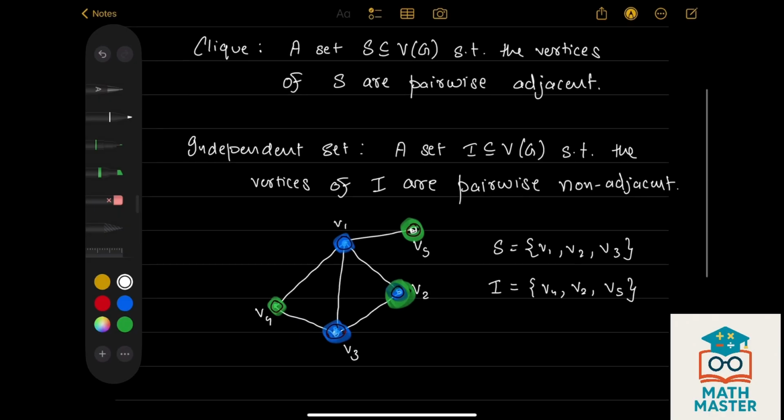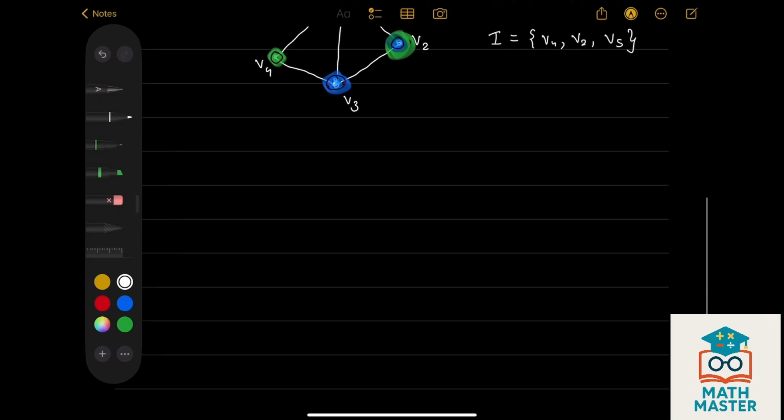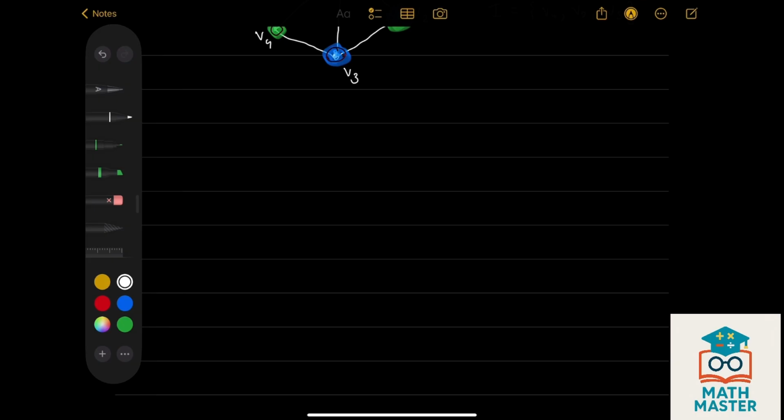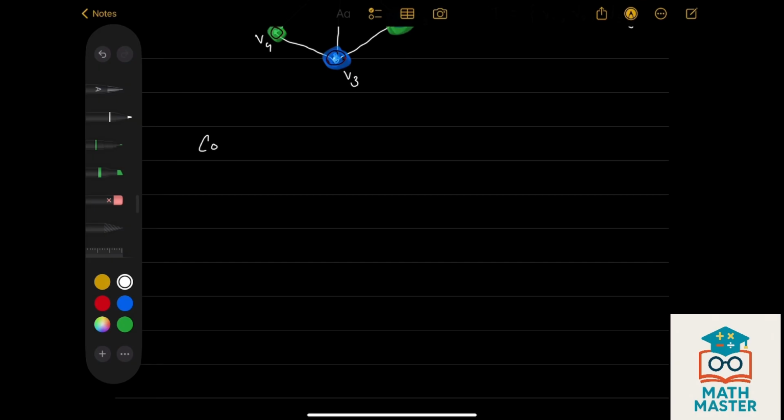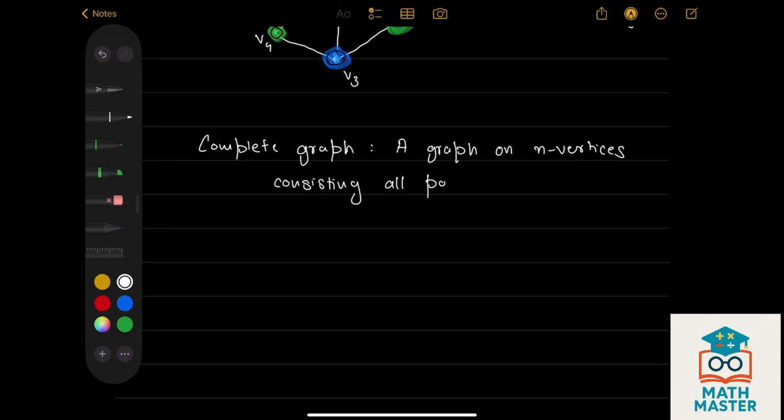Okay, now let me define a complete graph. A graph on, say, n vertices consisting of all possible edges. We will denote this by Kn.